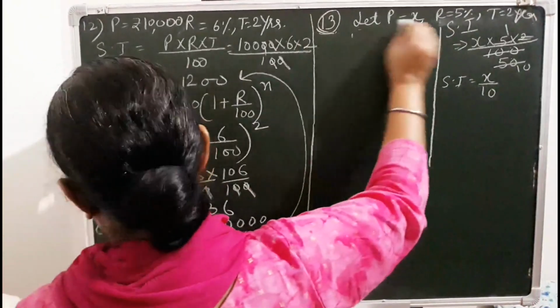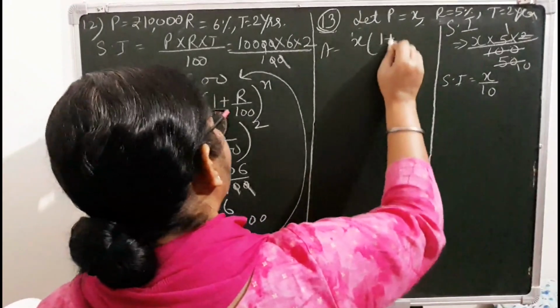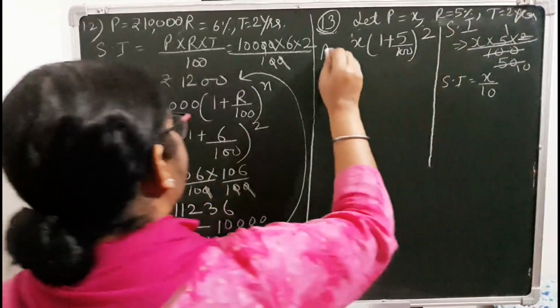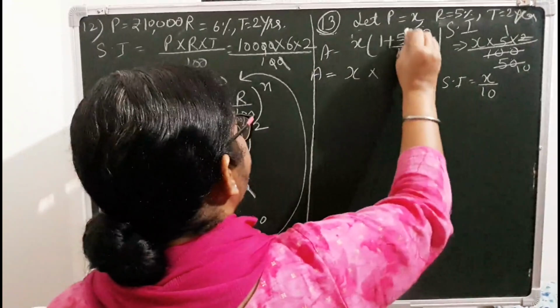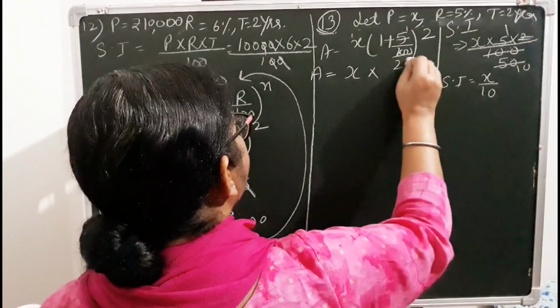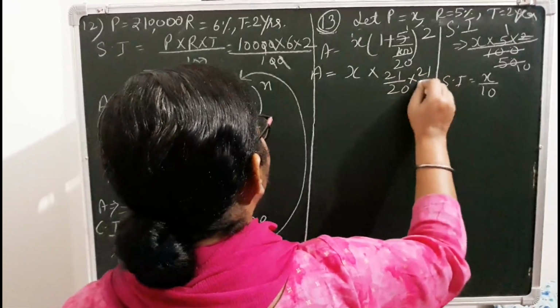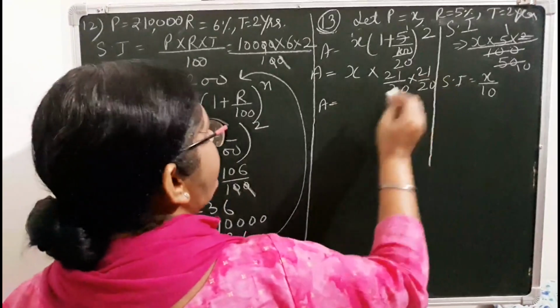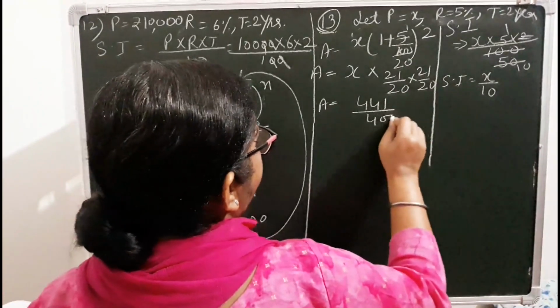And P is equal to x, and amount is x into 1 plus 5 over 100 to the power 2. Amount is equal to x into, 5 1s are 5, 5 2s are 10, means 21 over 20, to the power 2, 21 over 20 twice. Amount is equal to 21 21s are 441, and 20 20s are 400.